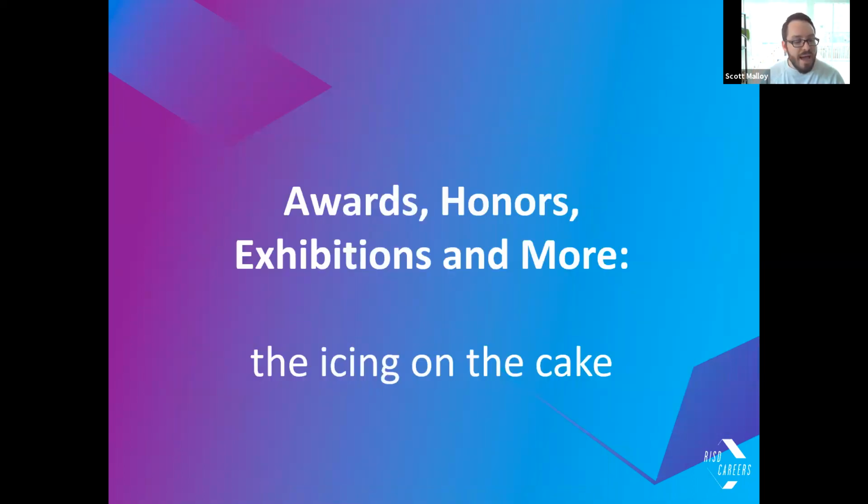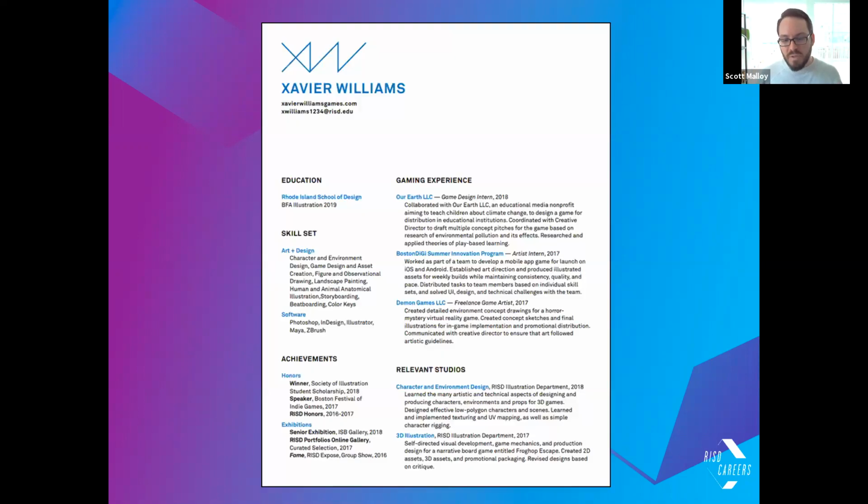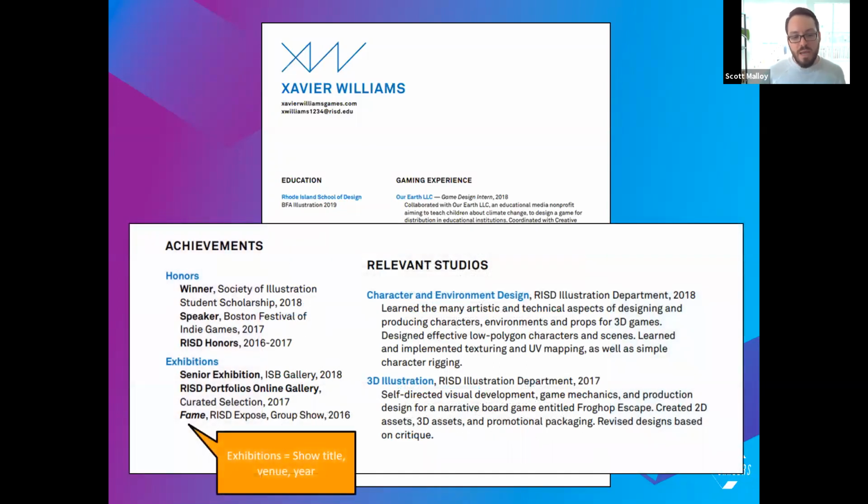The last thing in this traditional resume is the awards, honors, and exhibitions category, which for this kind of resume I like to think of as a bonus or icing on the cake, really good things to have, but they're going to be in a lower, secondary position on the resume most of the time. So in the Xavier Williams example, you'll see they have this achievements category in the lower left-hand section, and they've broken it out to represent both honors and exhibitions. We'll be real quick on this, but basically this can be short and sweet and to the point.